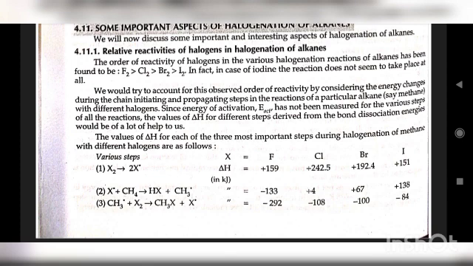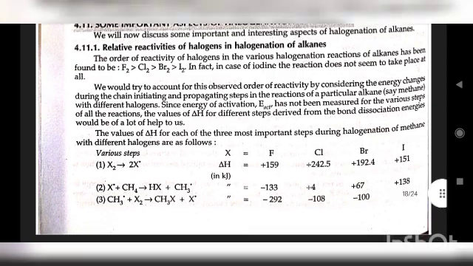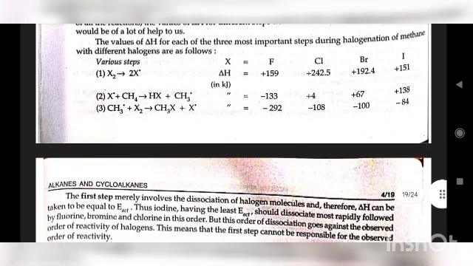Since energy of activation has not been measured for the various steps of all the reactions, the value of delta H for different steps derived from the bond dissociation energy would be of a lot of help to us. The value of delta H for each of the three most important steps during halogenation of methane with different halogens are as follows.